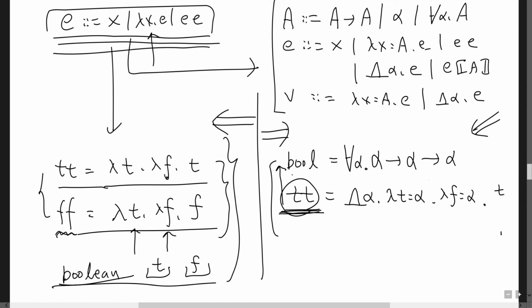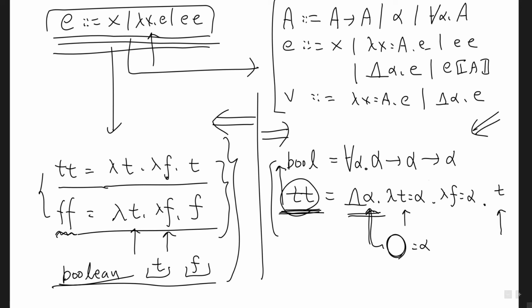And this is a very important point. The point is, you introduce a fresh type variable alpha, and we know nothing about this type variable alpha. So at this point, we don't have any expression of type alpha. And later we introduce this formal argument, this variable t of type alpha.